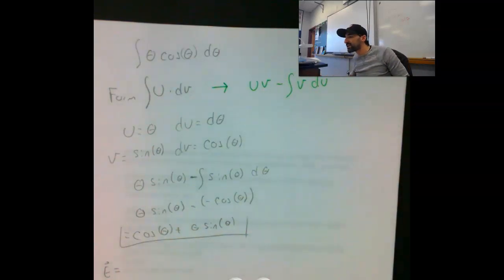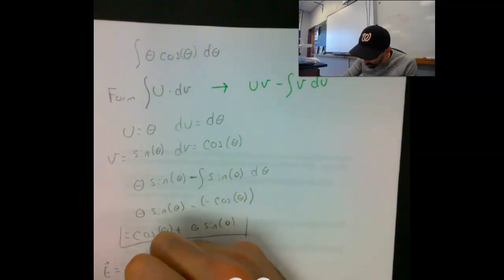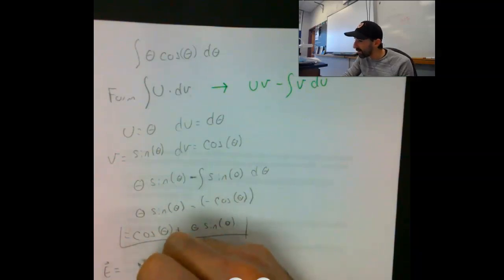I've got 2 over 4 pi, which is going to be 1 over 2. My k stays, my r on the top is gone.